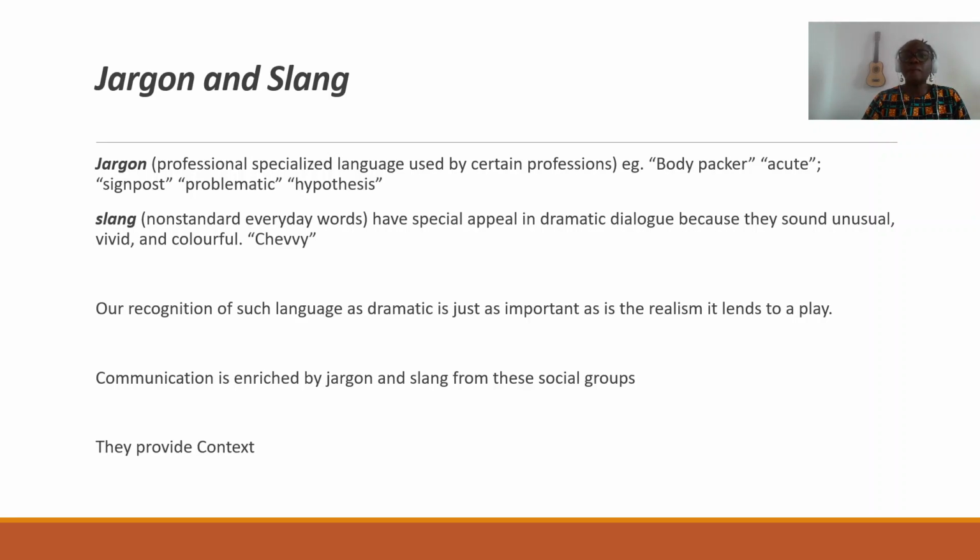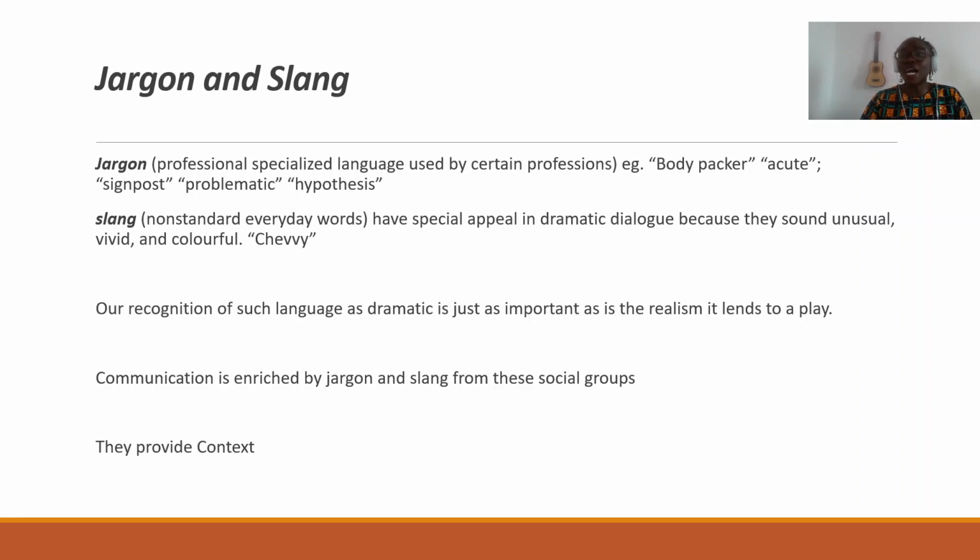And so in medical jargon, for instance, you have a jargon like body packer, somebody who puts drugs in some rubbers and swallows them to go and unpack somewhere is the body packer. And so when it is used like that, it tells us who the person is. It tells us that this person is very much in tune with medical jargon.